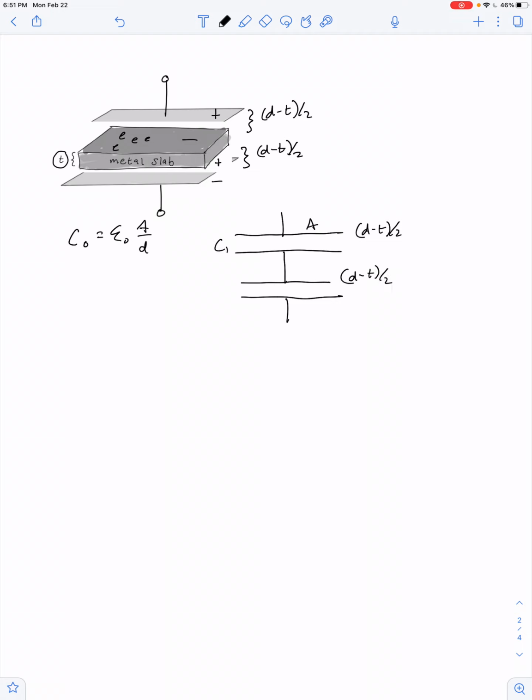So we can call these C1 and C2. Of course, C1 is going to be equal to C2. In fact, C1 is equal to epsilon naught times A over D minus T over 2, or 2 epsilon naught A over D minus T.